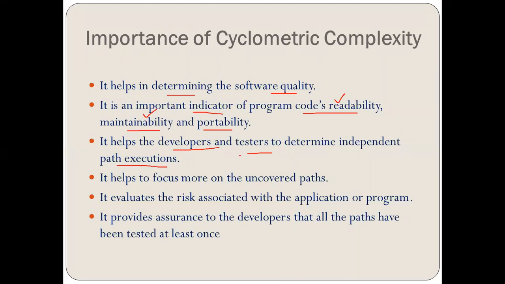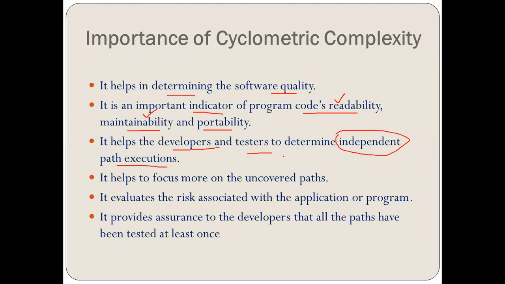I will tell you exactly with the help of an example what independent path execution is, right? Let's take an example. Let's say I am considering a condition that if a student has attendance greater than 75%, he will fill the exam form, else he will not. So if I feed the attendance of a student less than 75, then I have to make sure I also test it with a value which is greater than 75.